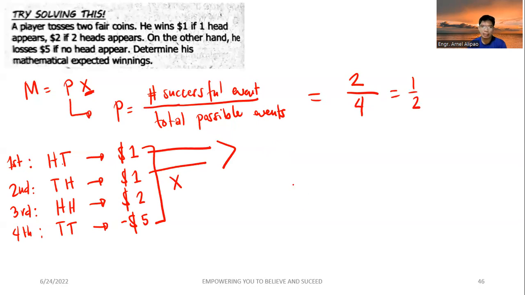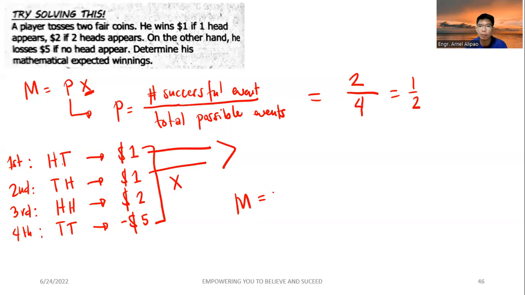So we can write our mathematical expectation here. Because there are 4 events, there are 4 probabilities and also 4 different prices. But since 2 prices are equal, basically you can just have 3. Right?